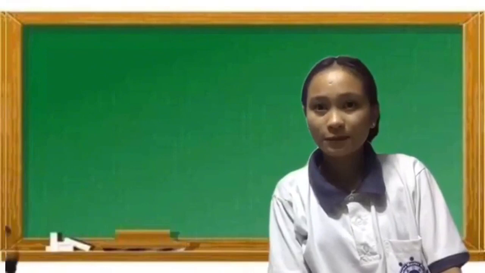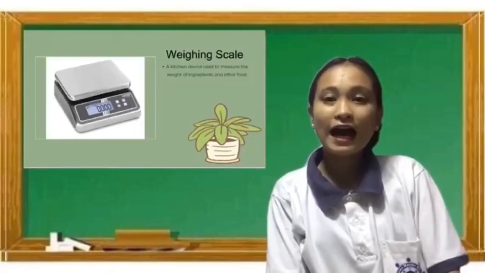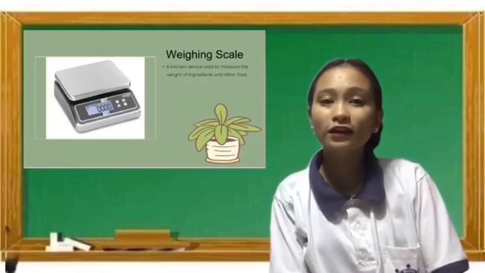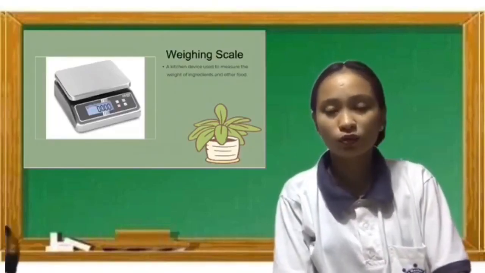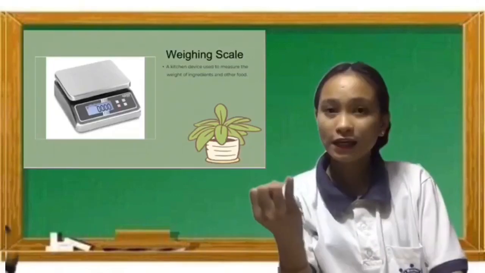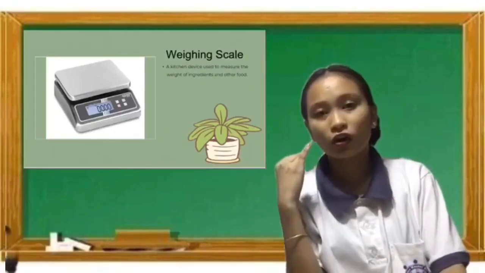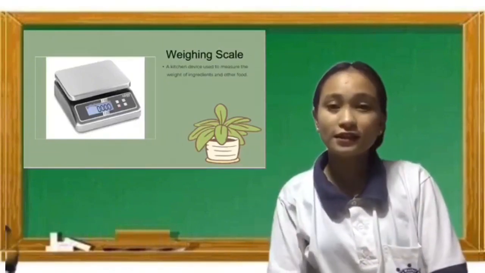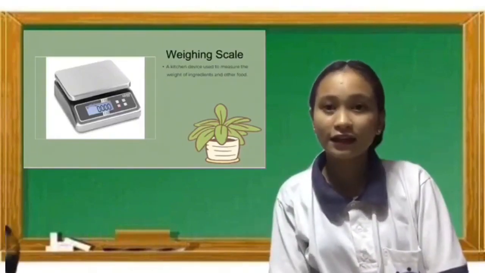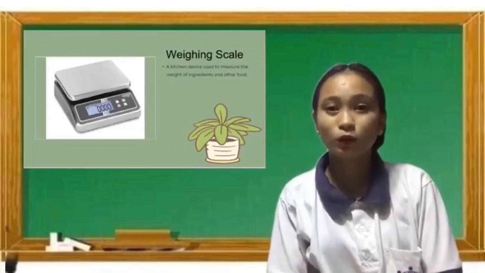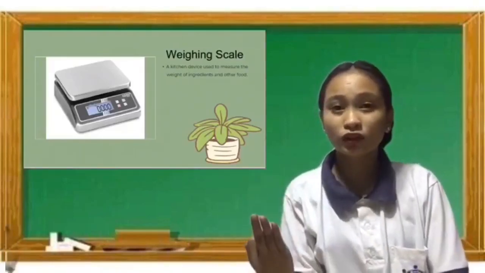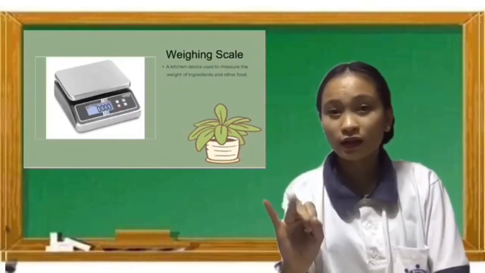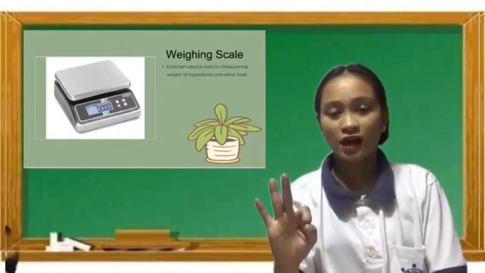The fourth, the last but not the least, is the weighing scale. A kitchen device used to measure the weight of ingredients or other food such as meat, poultry, or vegetables. So this, class, the weighing scale, has a very big difference from the three I mentioned earlier: the measuring cups, measuring spoons, and liquid measuring cups.